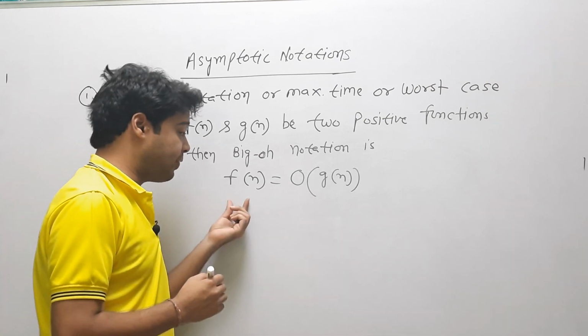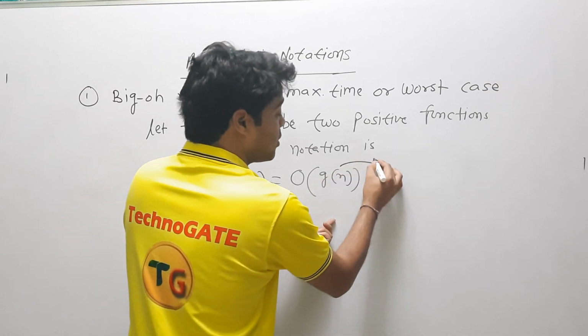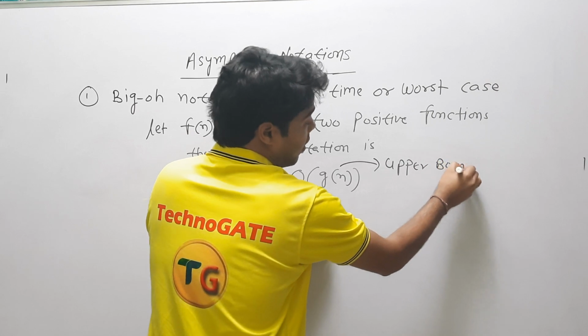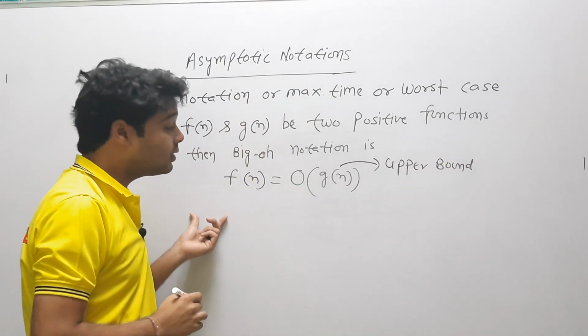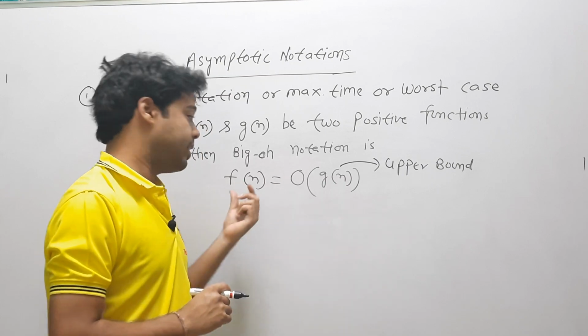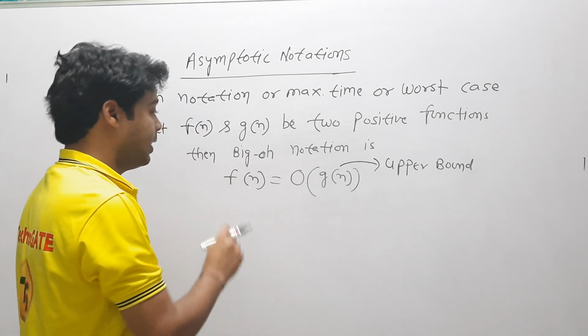So if Fn is big O of Gn, then Gn must be an upper bound on Fn. It means the function growth of Gn must be larger than Fn here. Okay, so big O notation.